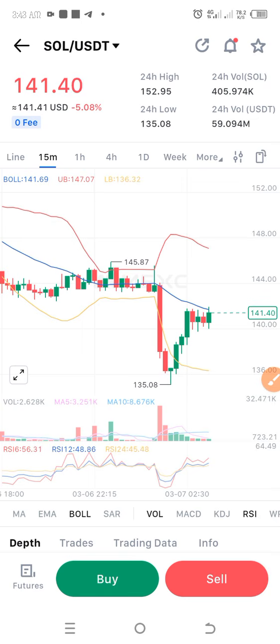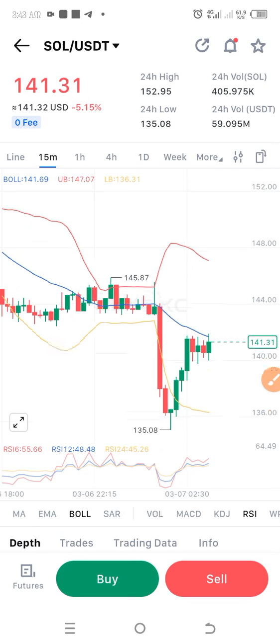So using this Bollinger Band and volume, though actually the main thing here is Bollinger Band. We don't actually need the volume, and we don't actually need the RSI, all we need is the Bollinger Band.